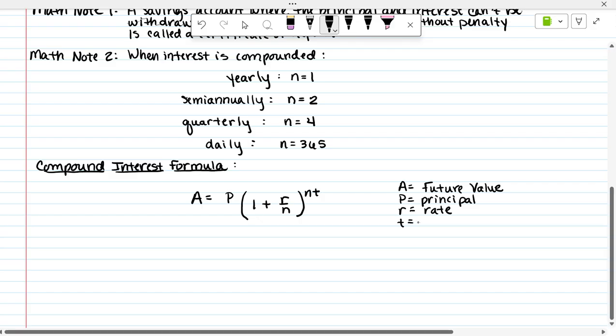T is time. And what does N stand for? How often the interest is compounded? Good. That T is in years, just like before, and N is the number of times per year the interest is compounded.